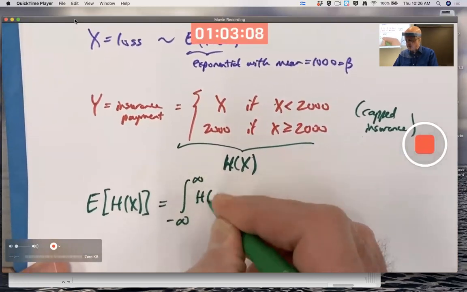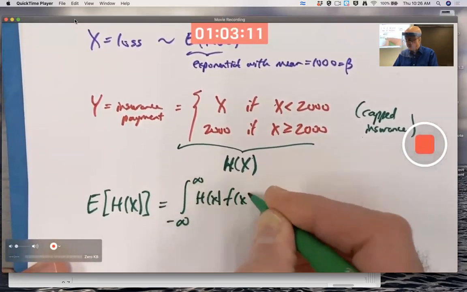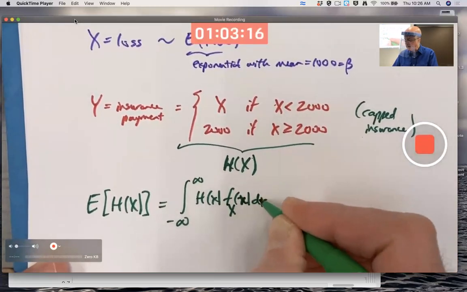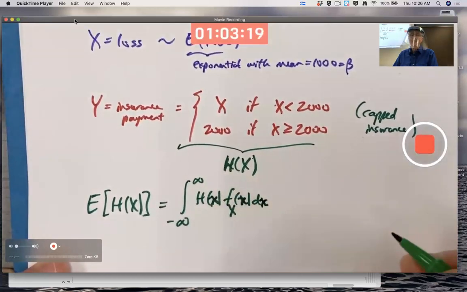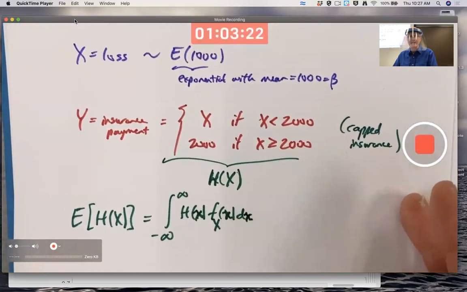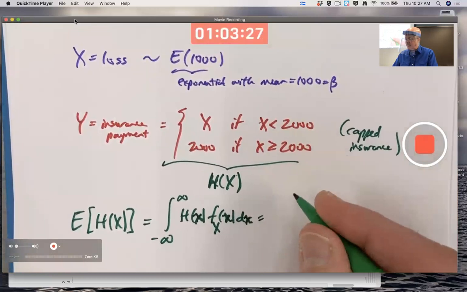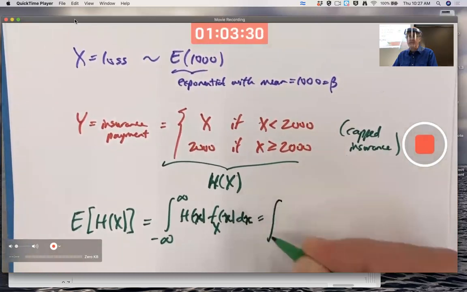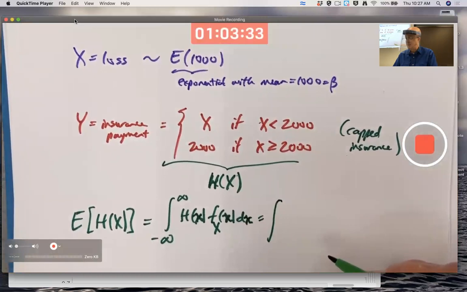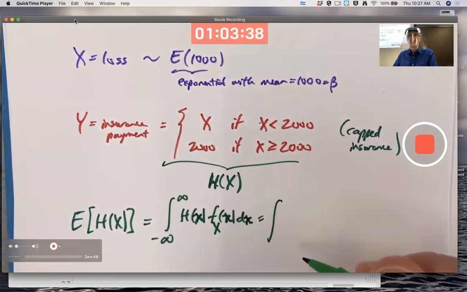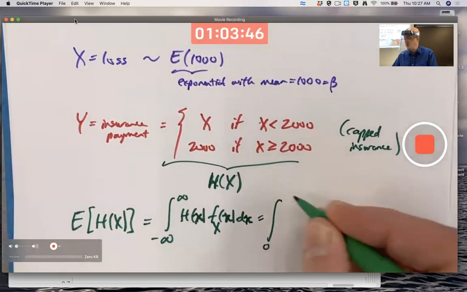In the general case, that's going to be this, where this is the PDF of X, not Y. And for our situation, when X is exponential, it's going to be an integral from 0 to infinity, but also because h of x takes on a constant value of 2000 once x reaches 2000, careful, we aren't going to get one integral, we are going to get two integrals.